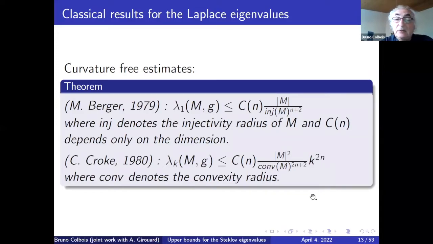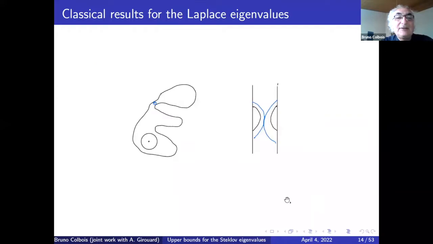So I just recall, for those who don't know the geometry very well, I like to do a picture when I speak about injectivity radius. My pictures are quite poor, but okay, it's like this. When you look at a surface, of course, if you take a point and look at a ball of small radius, this is a topological ball.